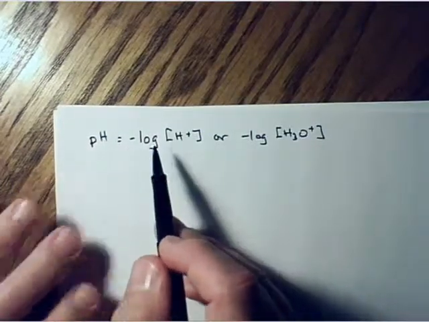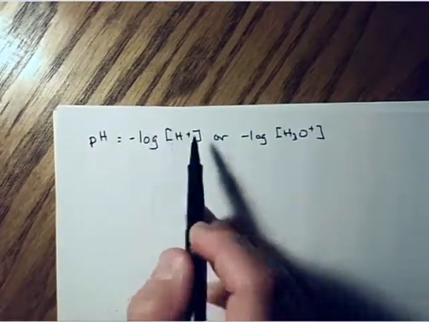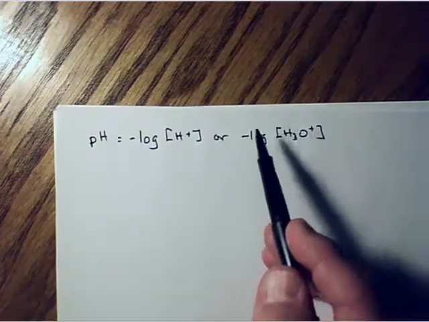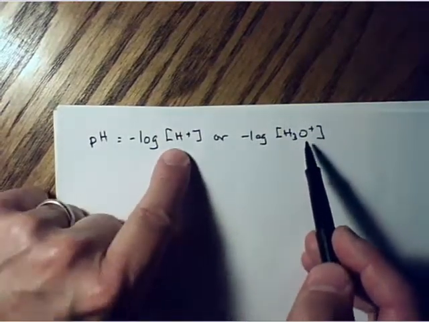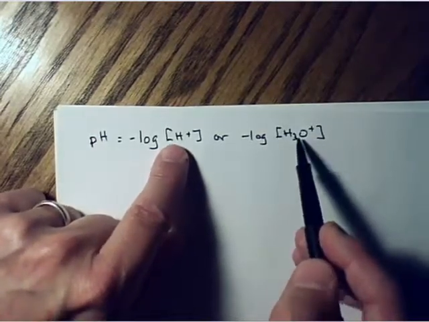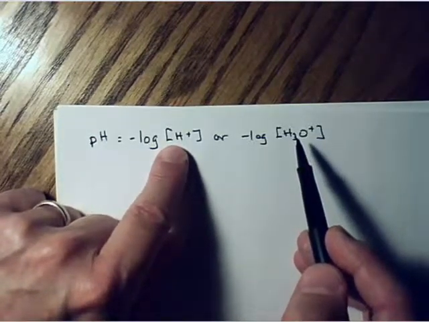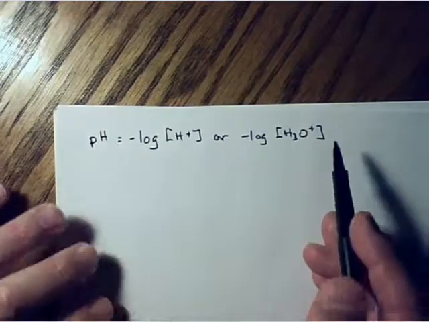This is just the way we calculate it and understand it using the Arrhenius theory of acids. This is the way we calculate it and understand it using the Bronsted-Lowry theory of acids. But the value of this molar concentration is the same number of moles per liter.